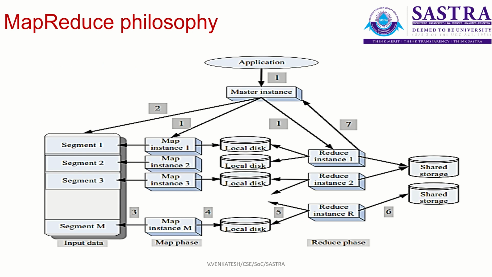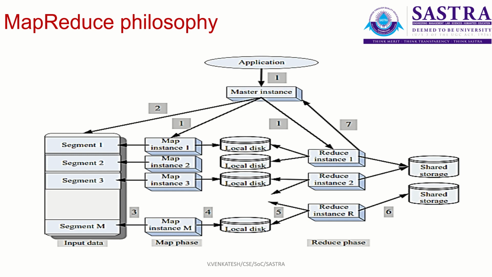In this diagram, if you have one application, the first component is called the master instance. It partitions the input into multiple segments. The role of the master instance is to take one application, divide it into multiple segments, grouped into several segments.